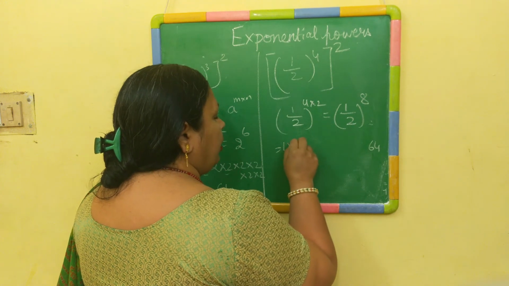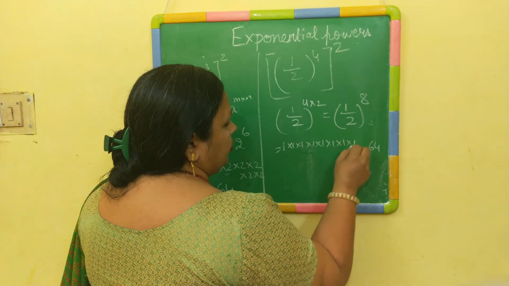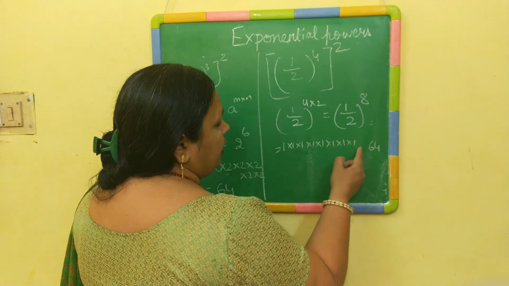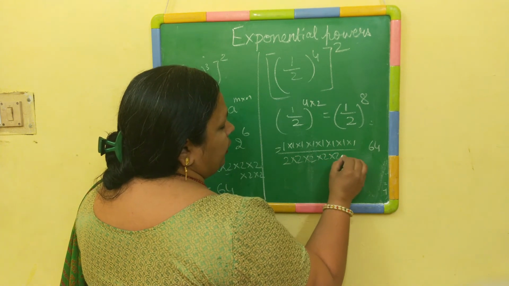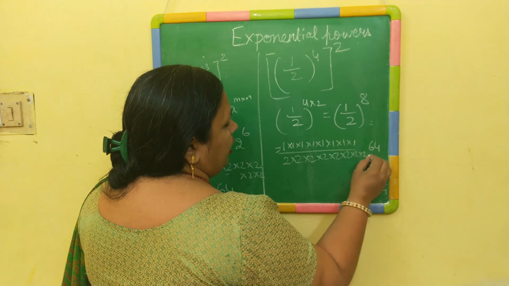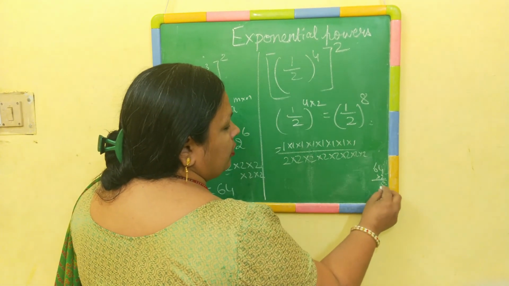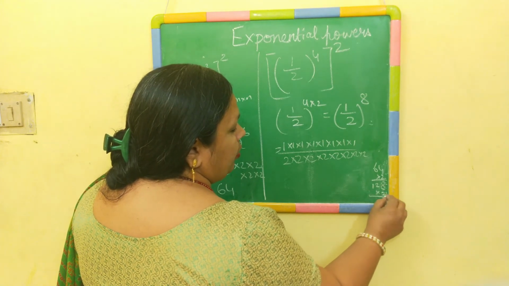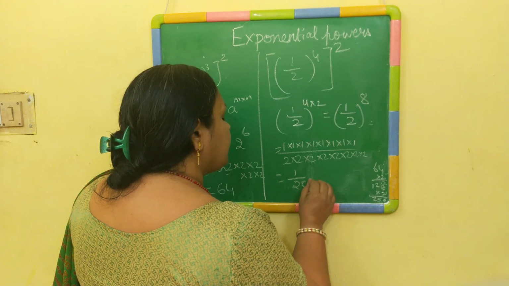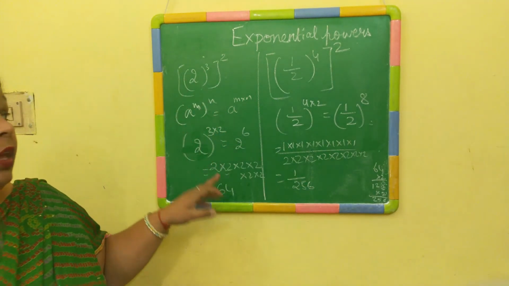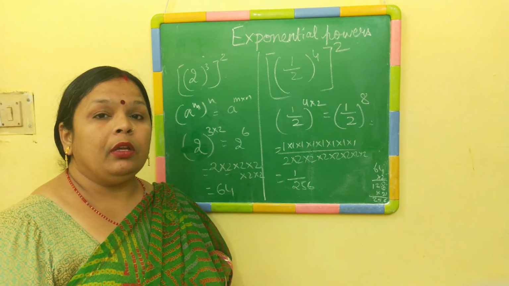It is 1 into 1 into 1 into 1, 1, 2, 3, 4, 5, 6, 7 and 8 upon 1, 2, 3, 4, 5, 6, 7 and 8. So 64 into 2 is 128. 128 upon 2 is 1 upon 256. Clear?